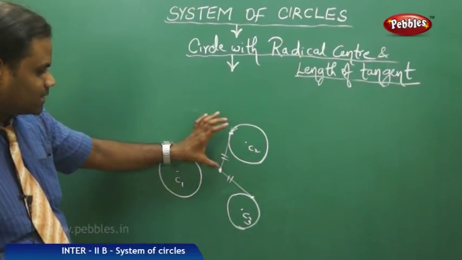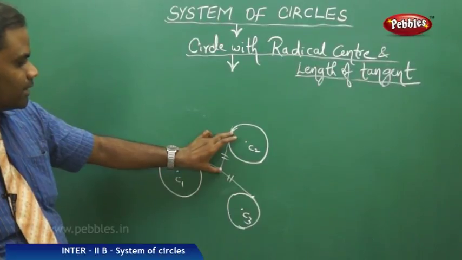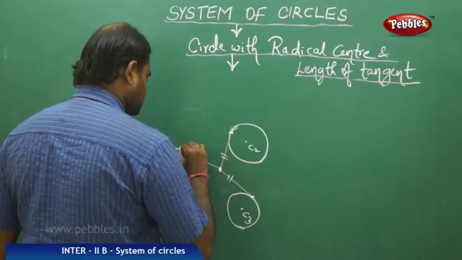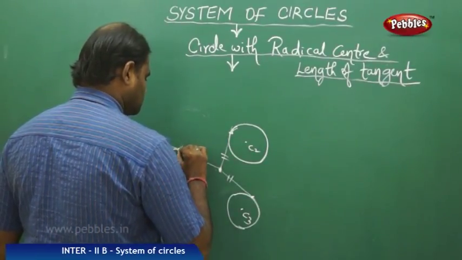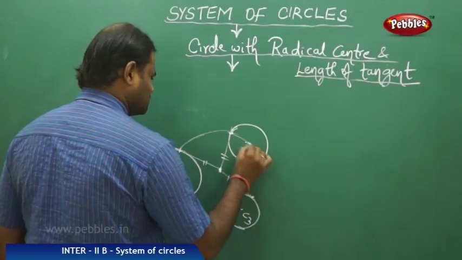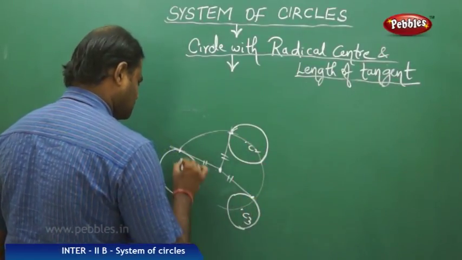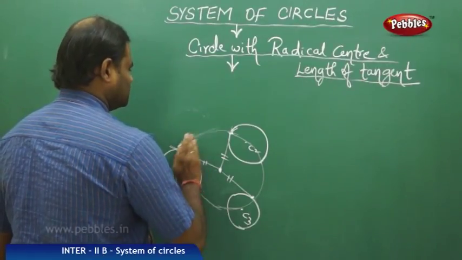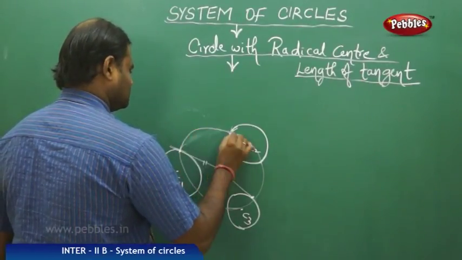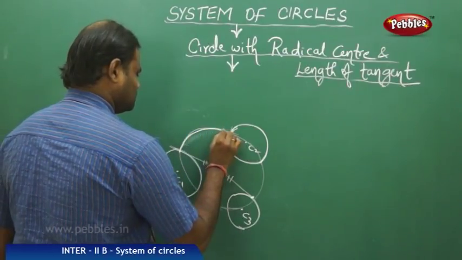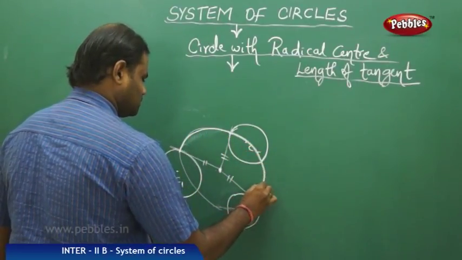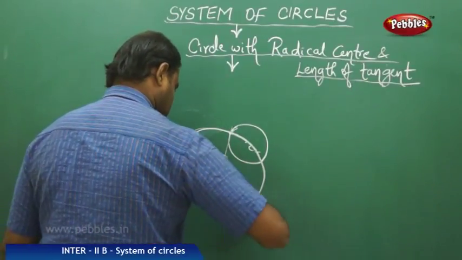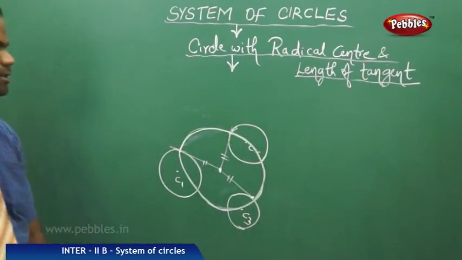So if I take the radical center as the center and the length of tangent as the radius and draw a circle, I get a circle in this form. That is how we get the circle.